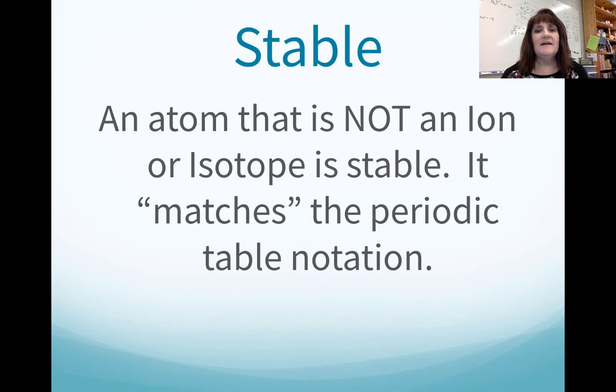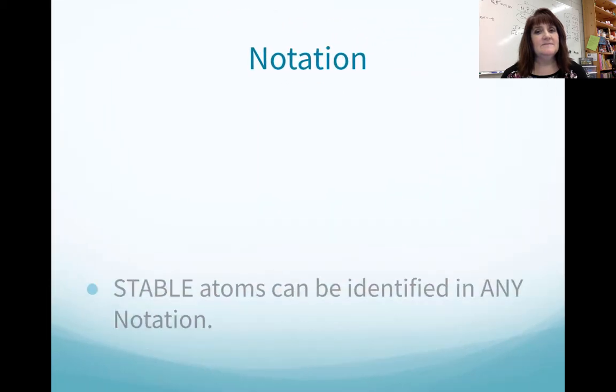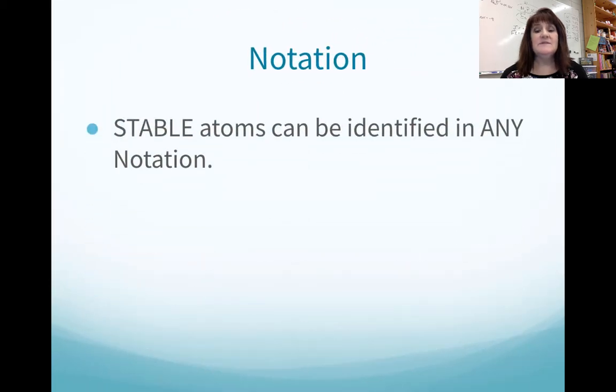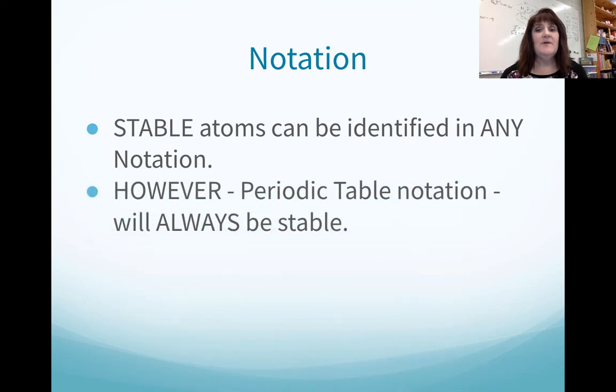A stable atom, that is the S in today's acronym, a stable atom is not an ion or an isotope. Essentially, it matches the periodic table notation. Stable atoms can be identified in any notation, either periodic table, ion, or isotope. However, periodic table notation will always be stable.